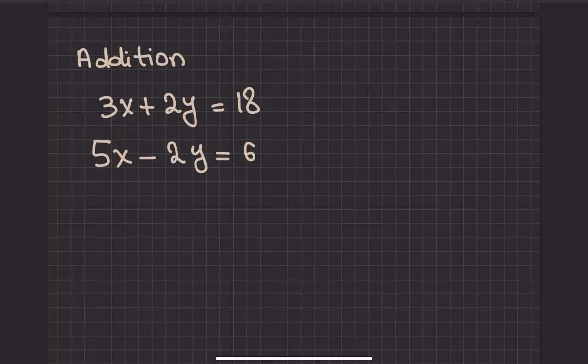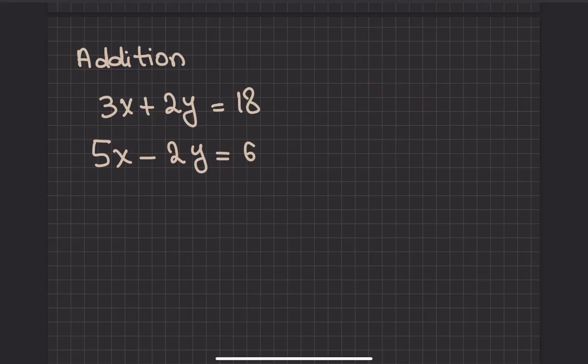So you're halfway there. Because the numbers are already equal, all you have to do is decide whether you have to use addition or subtraction to get rid of one of the variables. To eliminate one of the variables, it could be either x or y. In this scenario, if you choose subtraction, it's going to be positive 2 minus 2, which is going to be 4.